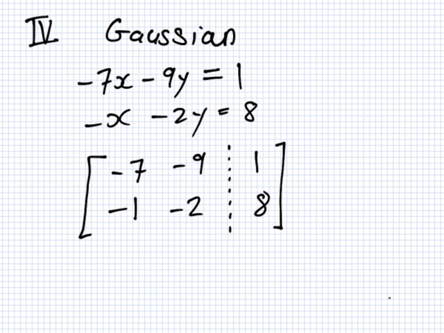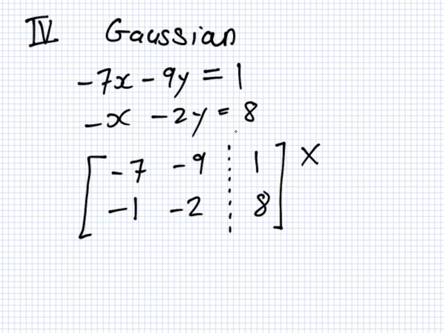So there are 3 rules here. First rule is you can swap the rows if you want. The second rule is you can multiply a row by any number except 0, because if you use 0, then it's 0, 0, 0, which is no good.